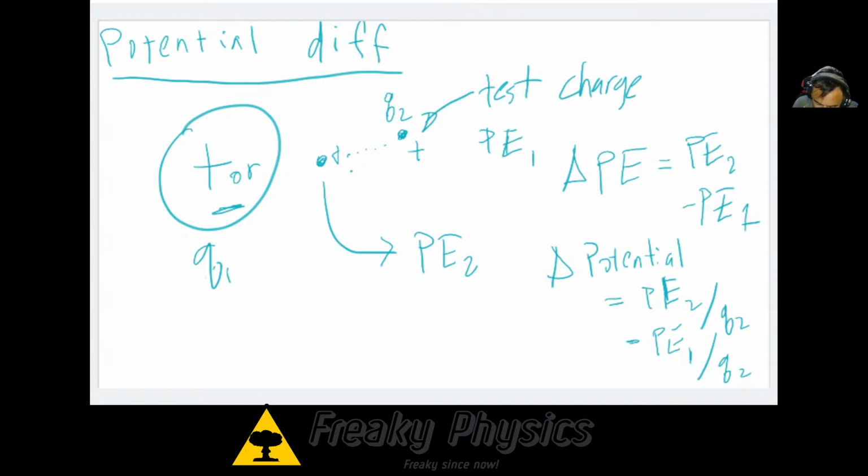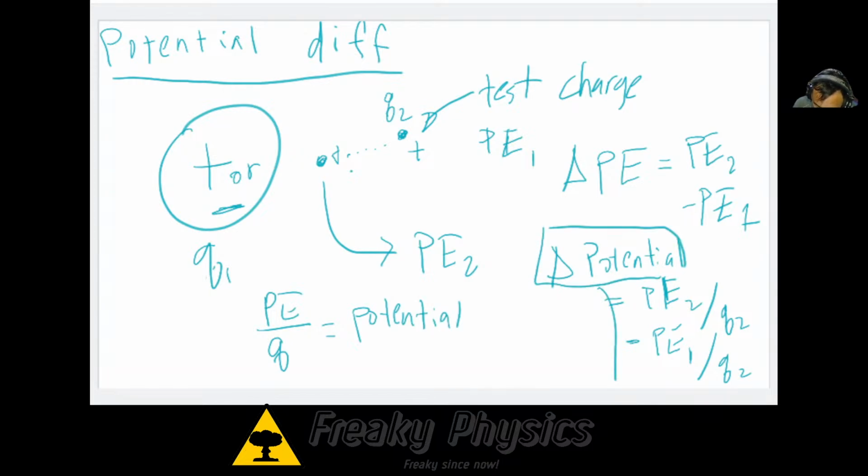Because this term, the potential energy per unit charge, that's your potential. So the difference in the potential is that. This is why it's called potential difference.